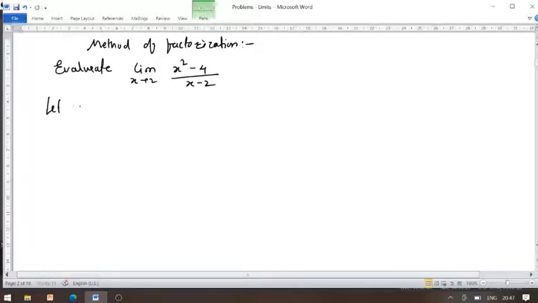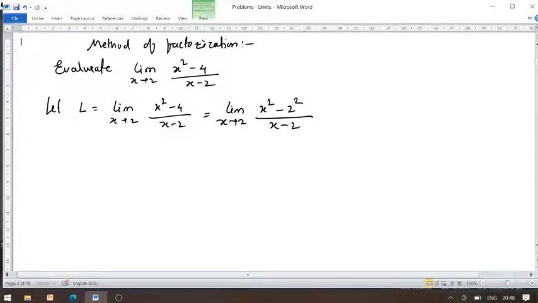So let us assume that L is the given limit as x tends to 2 of x square minus 4 divided by x minus 2. Now, we can write that 4 as 2 square, divided by x minus 2. We have the formula a square minus b square becomes a plus b into a minus b, where here the a value is x while the b value is 2.